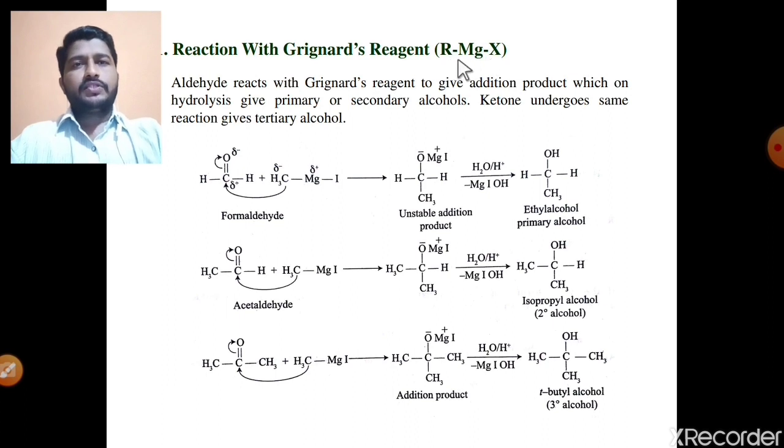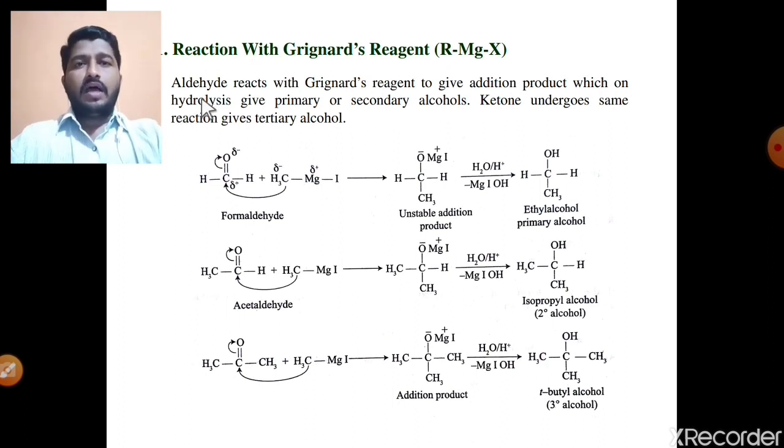In the polarization of this Grignard's reagent, the R group gains a partial negative charge, the magnesium metal a partial positive charge, and the halogen also a partial negative charge. This R group, with its partial negative charge, in the presence of a carbonyl group or any other reactant molecule, shows nucleophilic character. That's why Grignard's reagent is called a nucleophilic reagent.